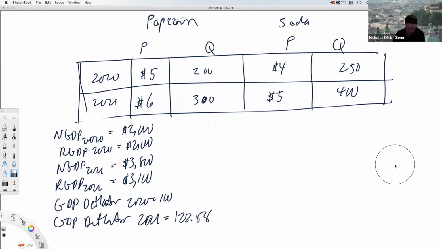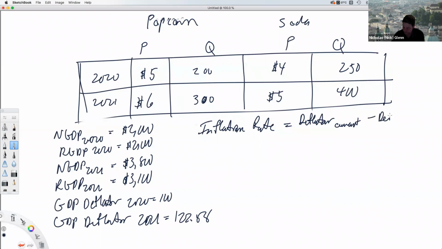So now we're going to calculate inflation. The way we calculate the inflation rate, and we're doing it for 2021, is you take the current year GDP deflator minus the previous year deflator, divided by the previous year deflator. Okay, so what will this be?